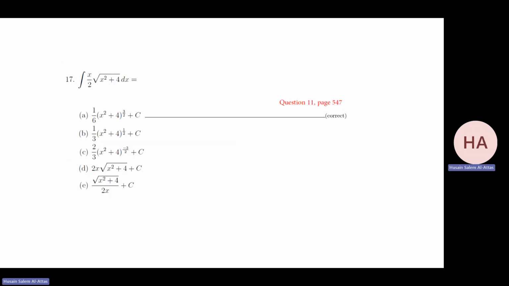X over 2 square root x squared plus 4. We'll let x equal 2 tan theta, so it will be dx equals 2 secant squared theta d theta. Do the integral. X over 2, that will be tan theta.